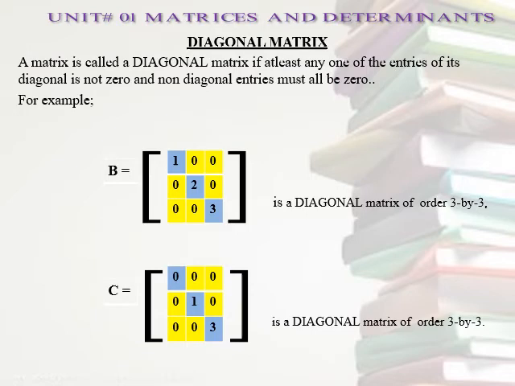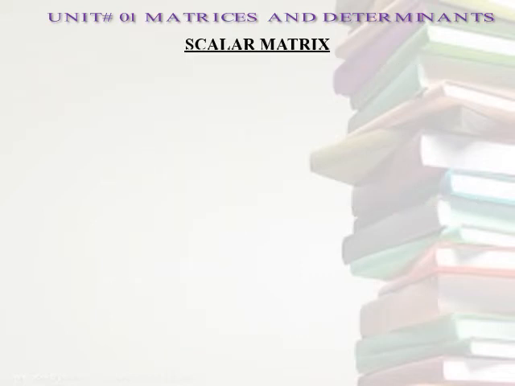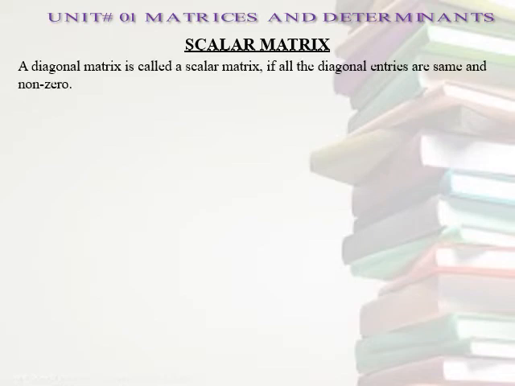Similarly, 2 of the diagonal entries of matrix C are non-zero and the rest of the entries are 0. So, matrix C is a diagonal matrix of order 3 by 3. The next matrix is the scalar matrix. A diagonal matrix is called a scalar matrix if all the diagonal entries are the same and non-zero.